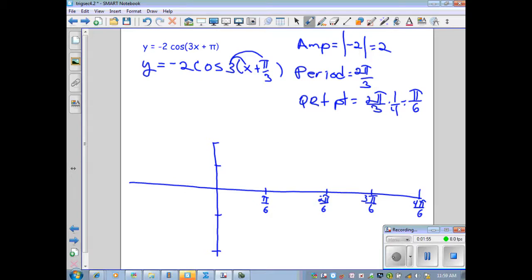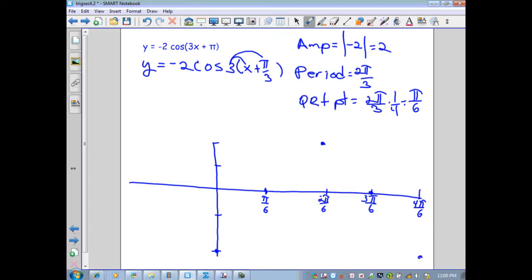I'm graphing cosine, so this is going to start off the origin, and my amplitude is negative 2, so my first quarter point will be at negative 2, and then I'll continue with 0, positive 2, 0, and finally negative 2.